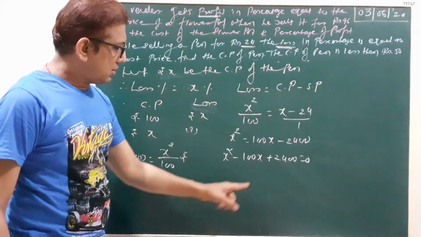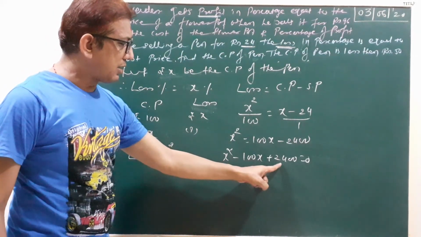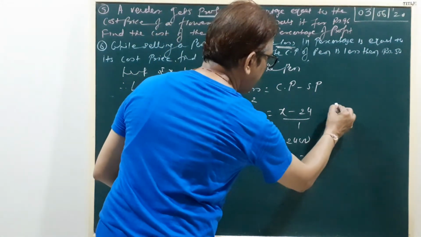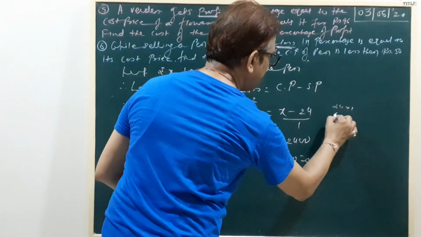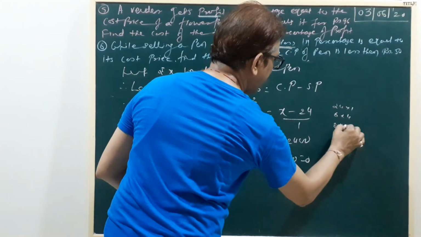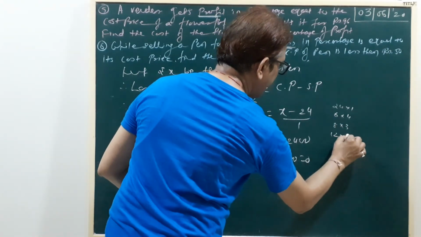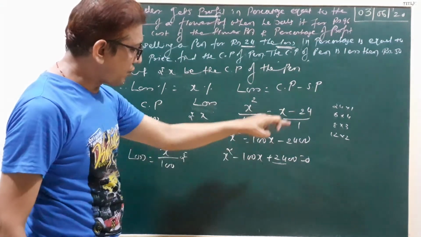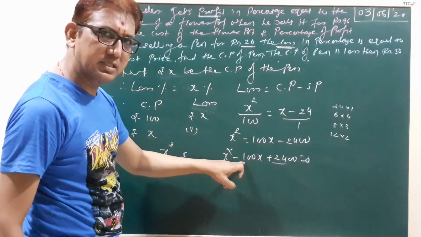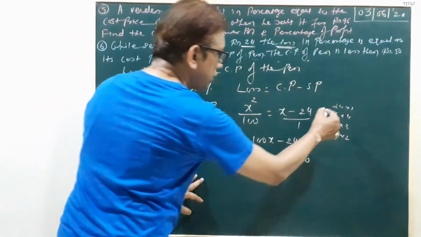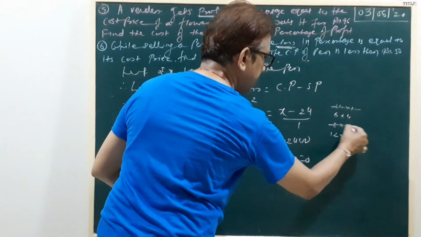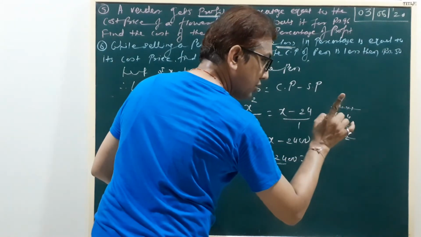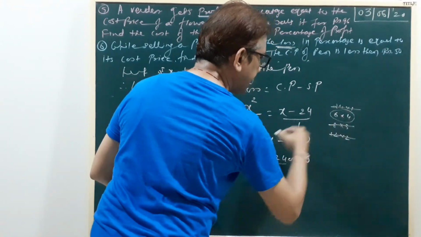Okay. Now splitting the 2400 and factorizing, we only factorize 24. 24 ones are 24, 6 fours are 24, 8 threes are 24, 12 twos are 24. Here the last term is positive, and the sum of these two factors should be 10. 24 plus 1, not possible. 8 plus 3 is 11, not possible. 12 plus 2, not possible. 6 plus 4 is 10.